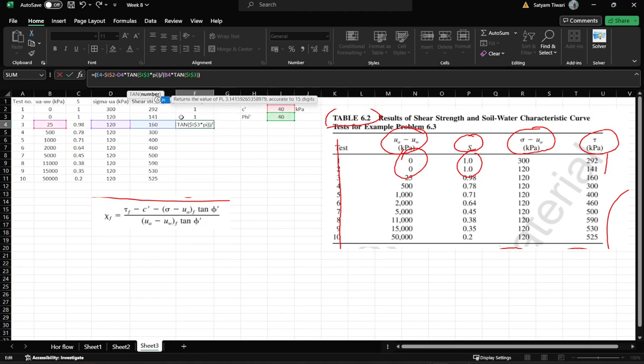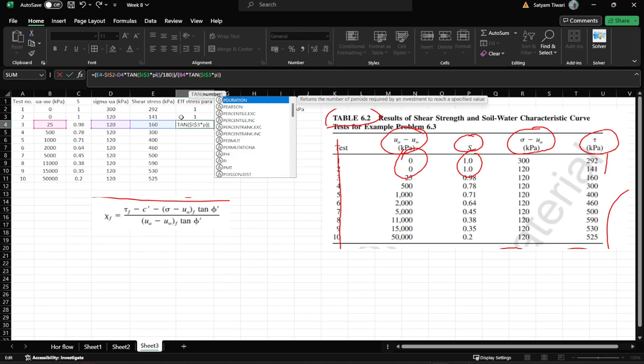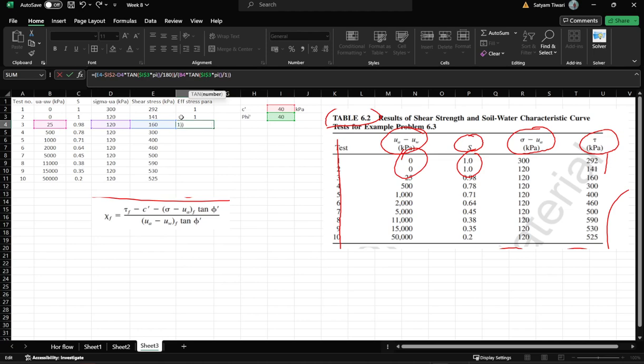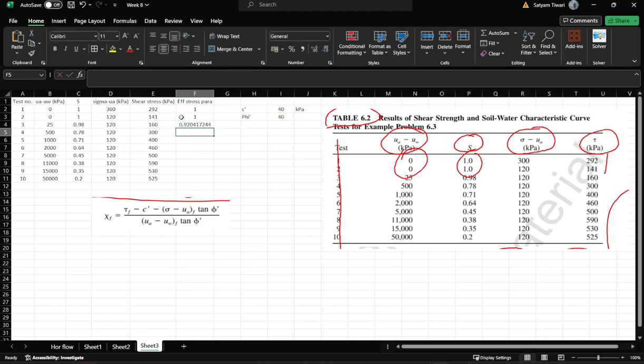We'll multiply by pi upon 180, and here also we'll multiply by pi upon 180. So we'll get the values of the effective stress parameters here.